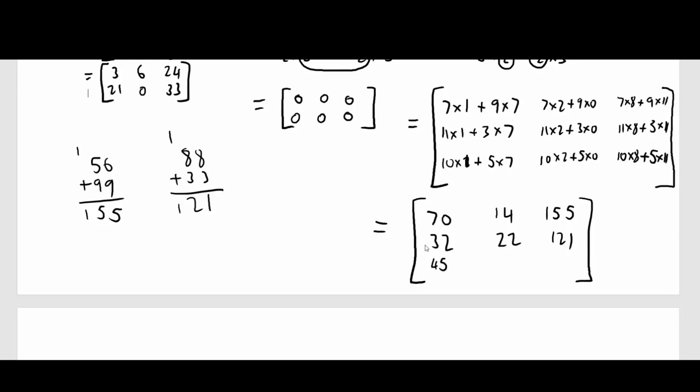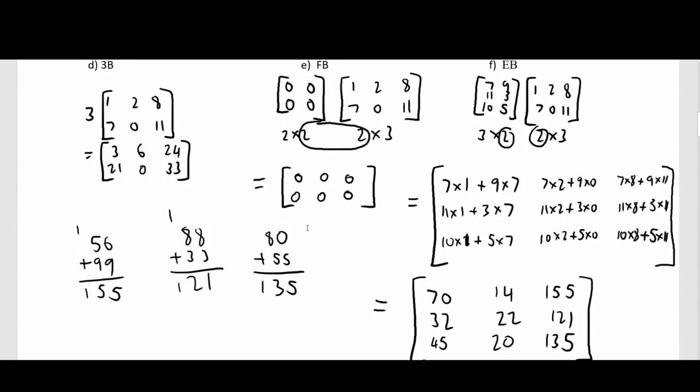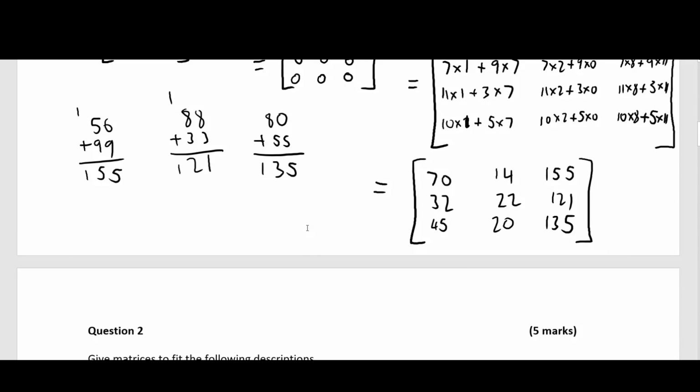And we've got 20 and 80 plus 55. 5, 8 plus 5. 8, 9, 10, 11, 12, 13. 135 there. Okay, so there's our answer for E times B.